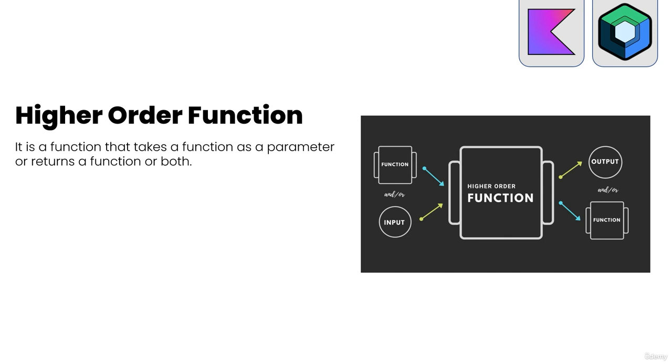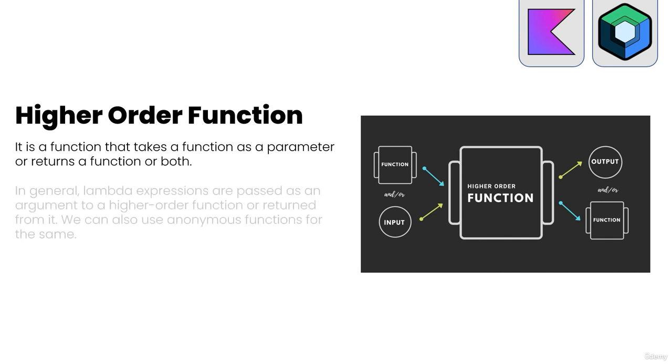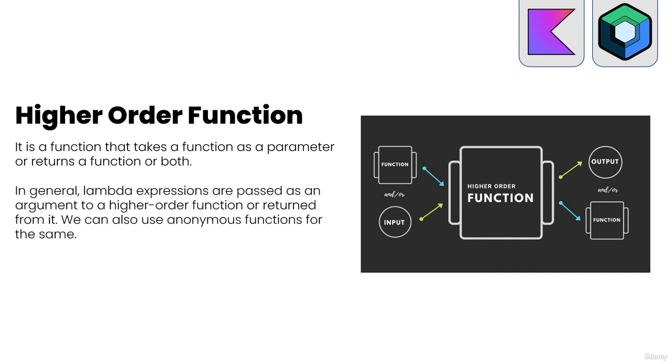And it gives us an output and or a function. So it can return a function or return an output or both. So, in general, Lambda expressions are passed as an argument to higher order function or returned from it. We can also use anonymous functions for the same purpose.